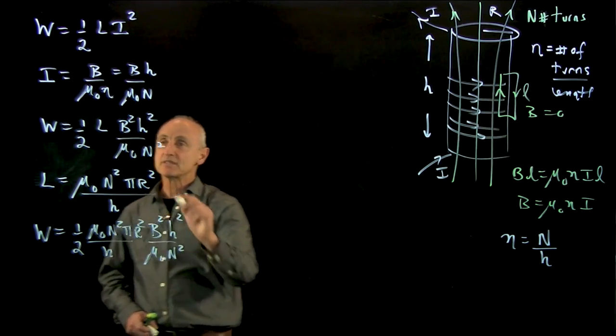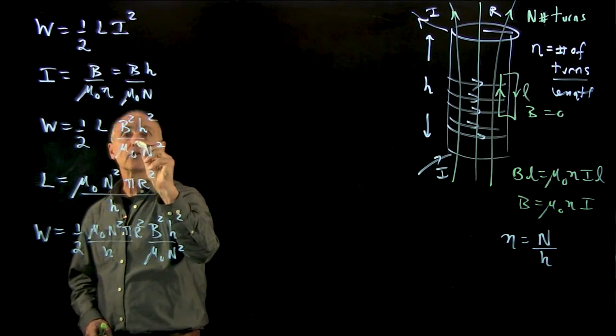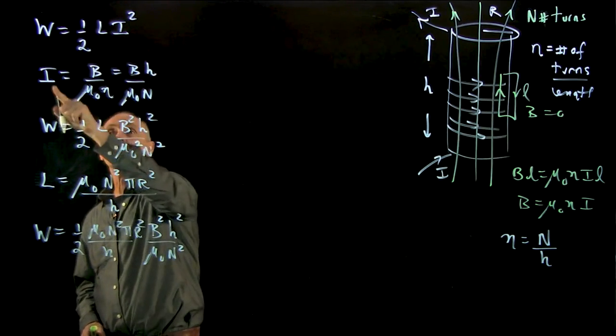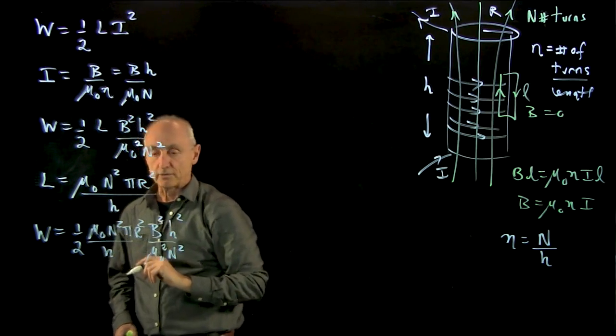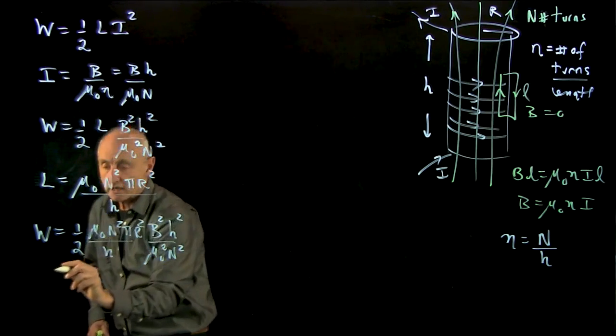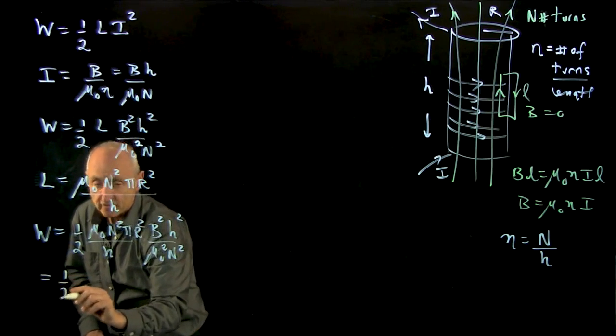Did we skip a square there? Because it's I squared, so we missed that mu naught squared. Now we've corrected it.